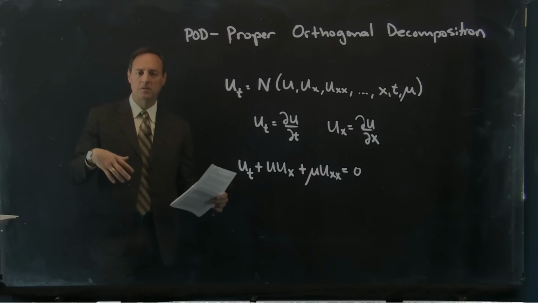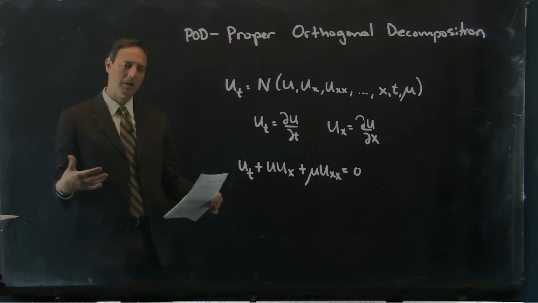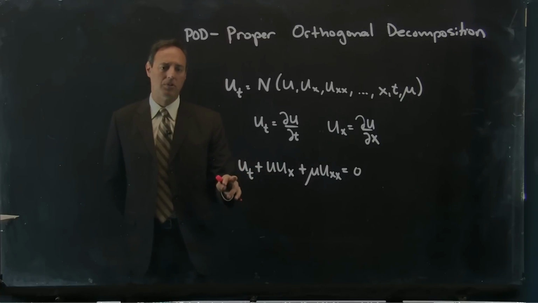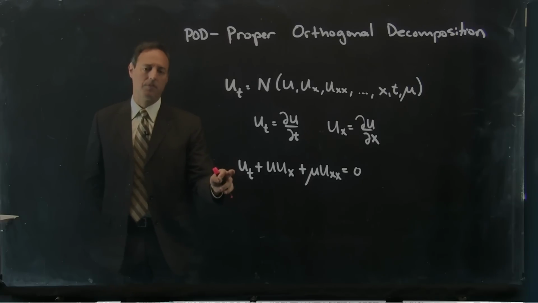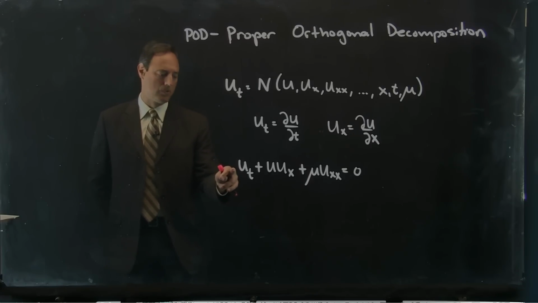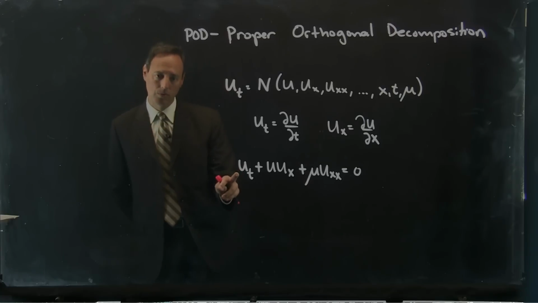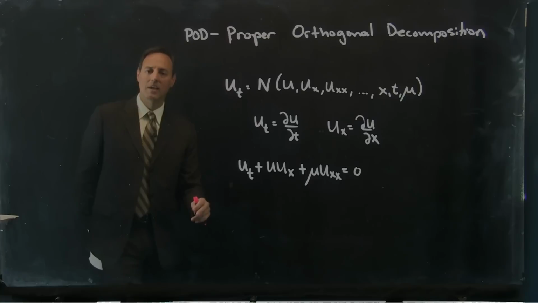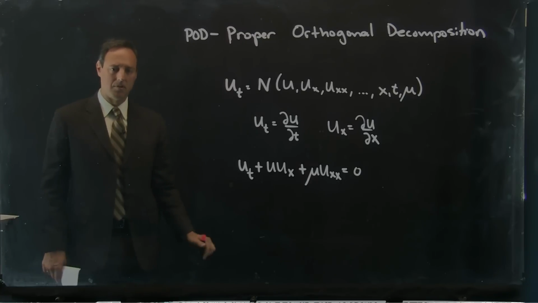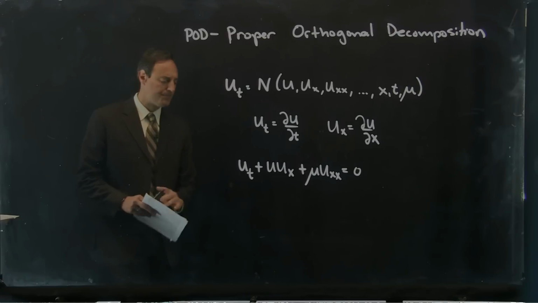And what we do when we start thinking about solving these things numerically is we start thinking about the fact that actually what we're going to do is make a finite difference discretization of this partial differential equation. So we're going to take this continuous variable u and turn it into a finite dimensional representation of the infinite dimensional space. Okay?